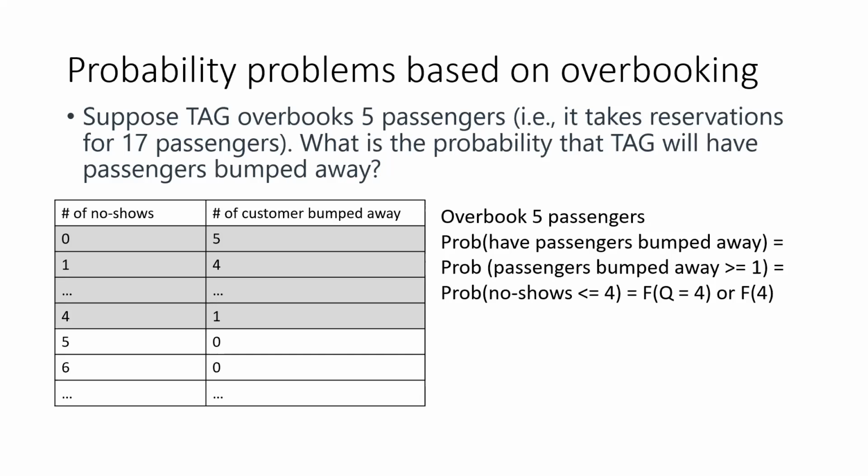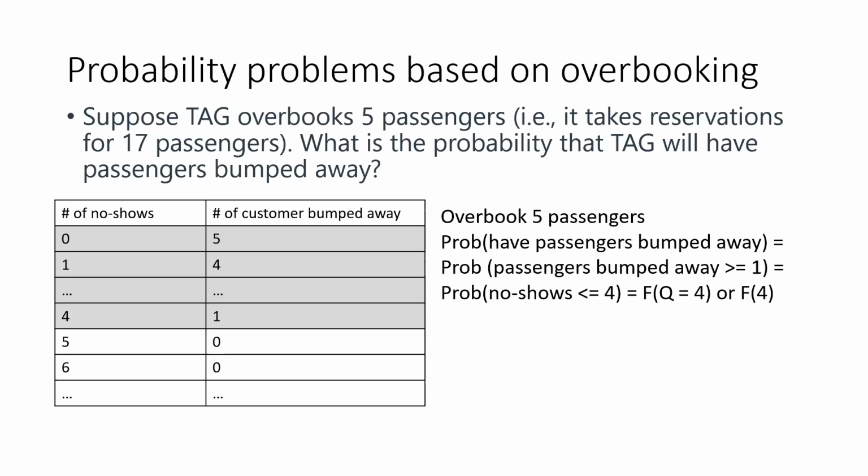So overbooked by 5 passengers, the probability of having passengers bumped away is the probability that no-shows are less than or equal to 4.